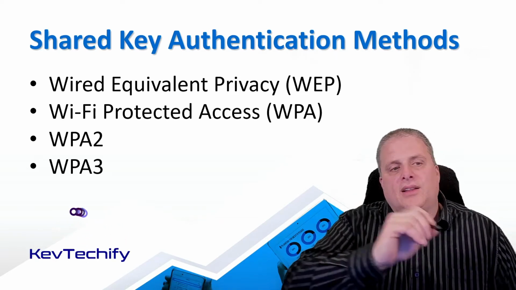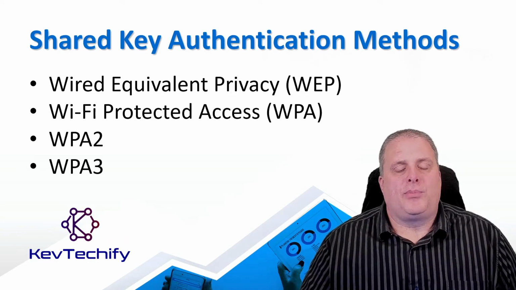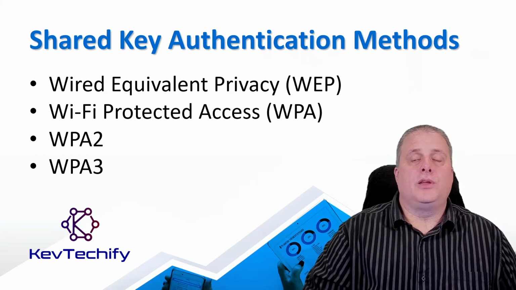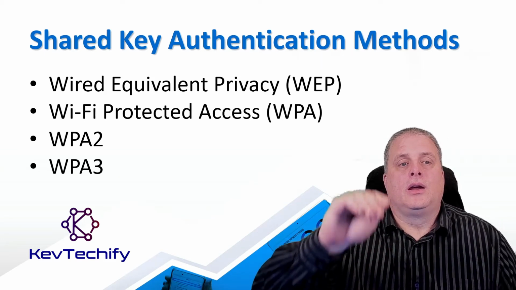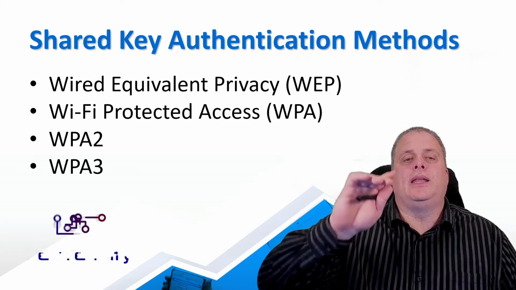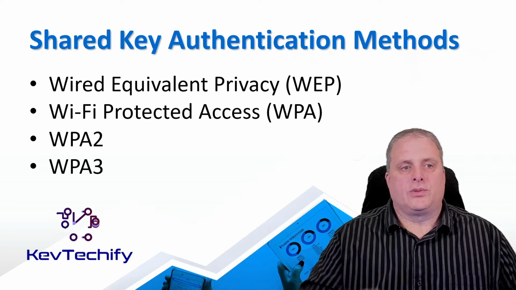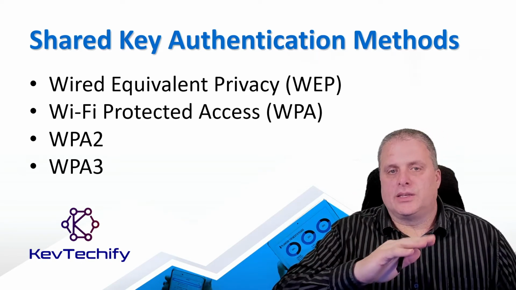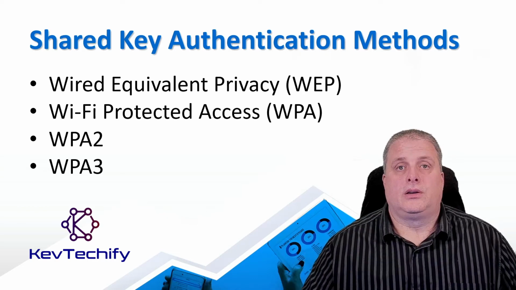Then the Wi-Fi Alliance came out with Wi-Fi Protected Access. That's WPA. Now, it's definitely more secure than WEP is, but there are some vulnerabilities with it, and that's why we have more advanced versions. WPA is considered insecure.